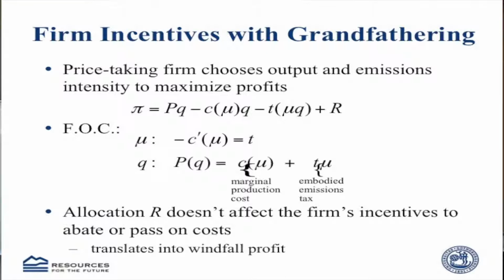With output, this representative producer will want to produce until the cost inclusive of the marginal tax cost equals the price. With an additional unit of production, you're going to have to pay more emissions taxes, tau T times mu, the marginal emissions. So these are your inclusive costs, and they equal the price.